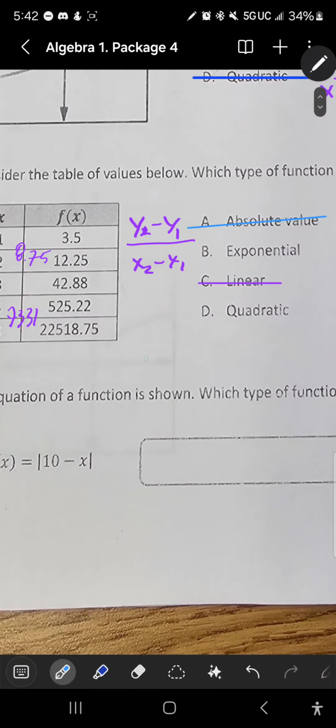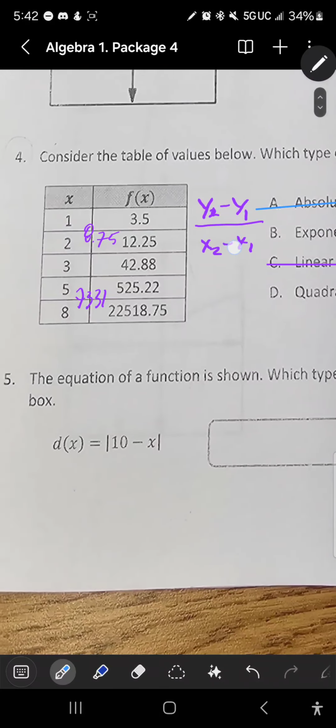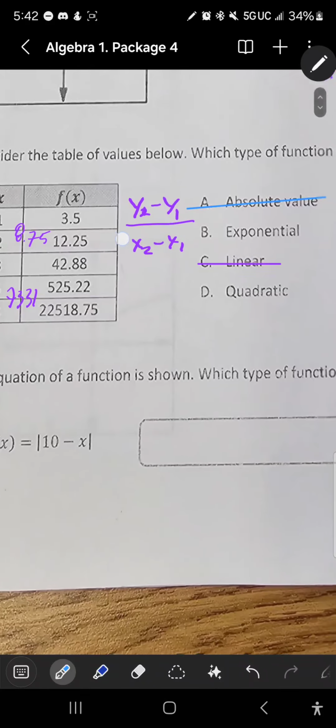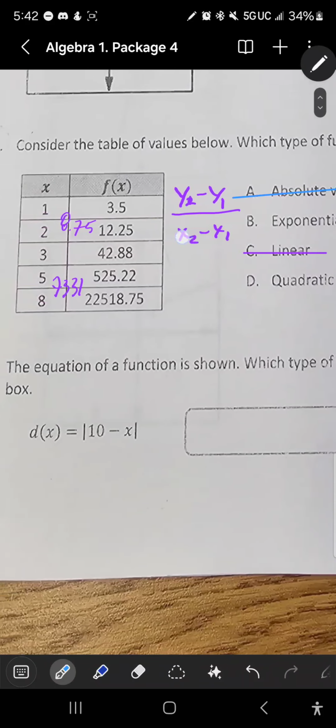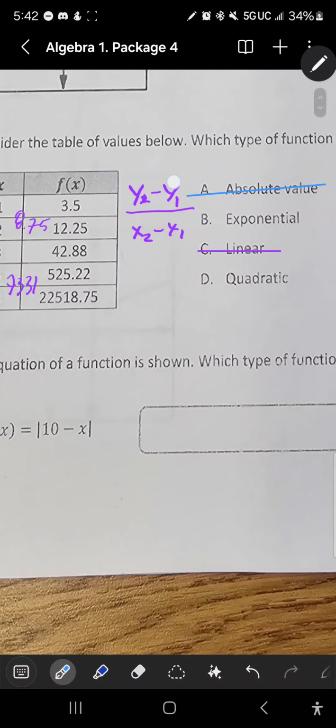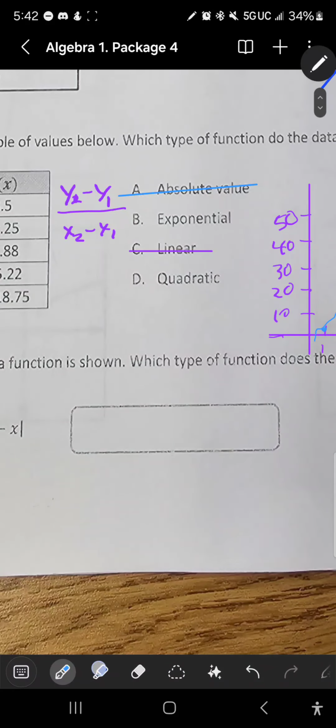For quadratic, x is elevated to the power of 2. 8 to the power of 2 is not going to give such a difference between this slope and this slope. It cannot be. Therefore, what we're looking for is an exponential function, not a quadratic.